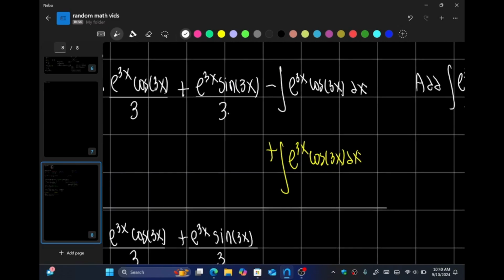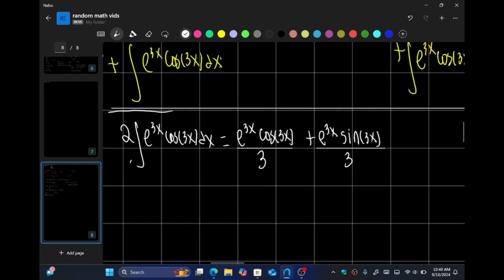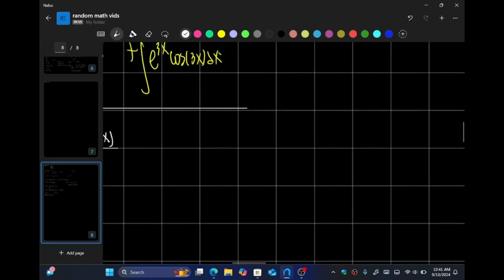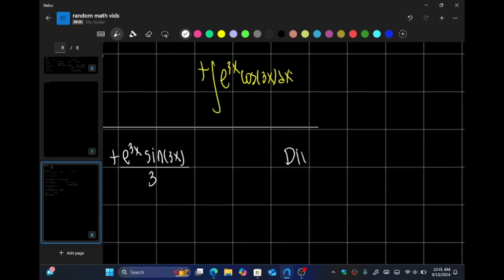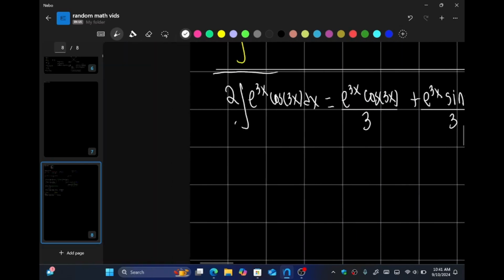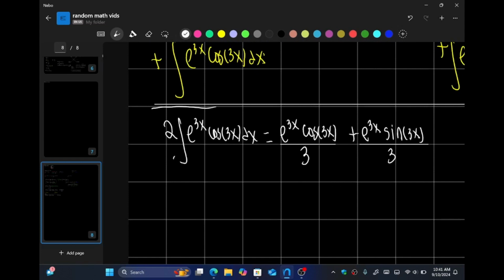And then finally we're going to just divide both sides by 2. So we're going to divide both sides by 2, right?